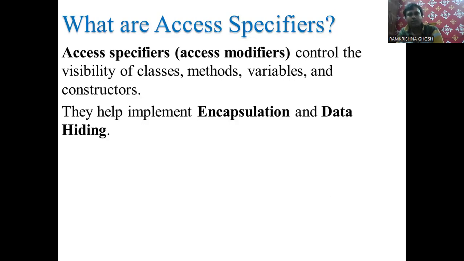It protects the data from being unwantedly accessed by functions outside the object. It remains hidden and protected. So, access specifiers help encapsulation and data hiding.